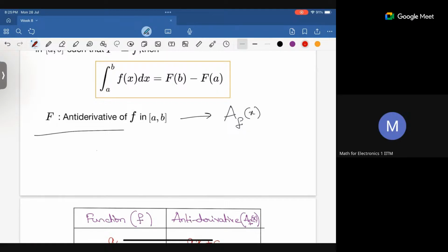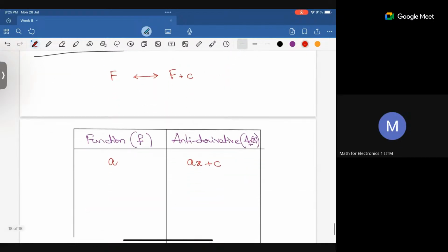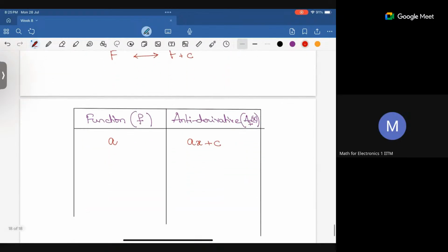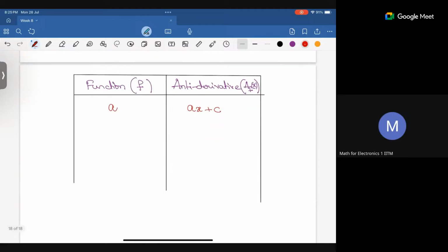When I take the antiderivative, F is equivalent to F plus some constant c, because when I take the derivative of this constant c, it will just become 0, right? So F and F plus c have the same derivative function. That is why antiderivatives are not unique, and this is the reason why we write plus c. So when you do integrals, we usually write the integral constant.